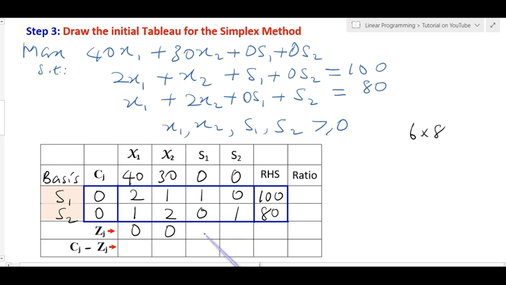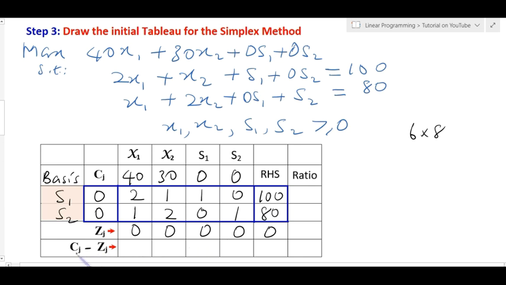The value here will be 0 times 1 plus 0 times 0, that's 0. Here, 0 times 0 plus 0 times 0, that's 0. Here is 0 times 100 plus 0 times 80, that's 0 as well. The value of ZJ here, the objective function value, is 0 at the initial tableau.